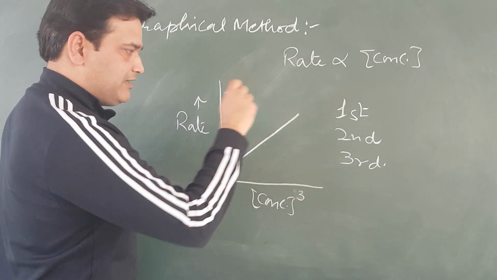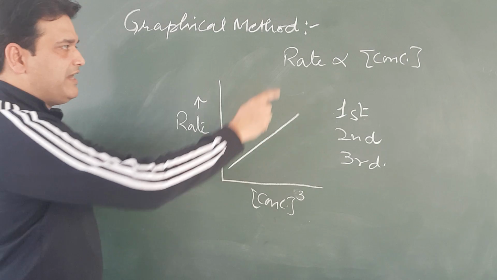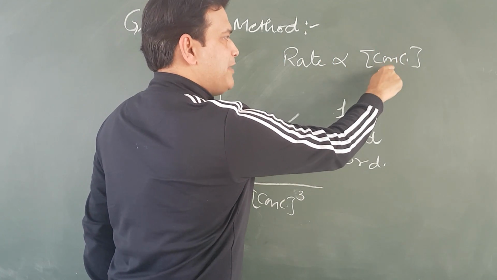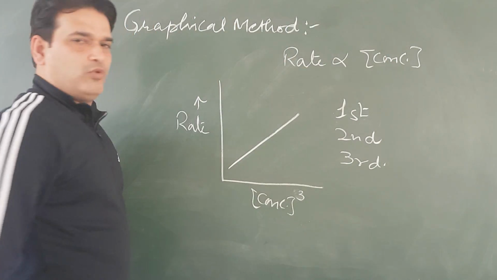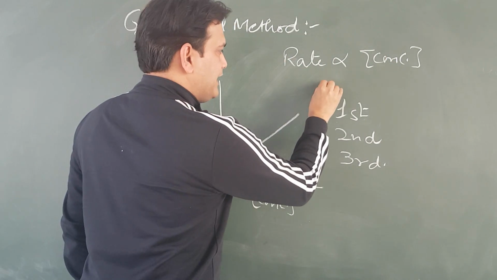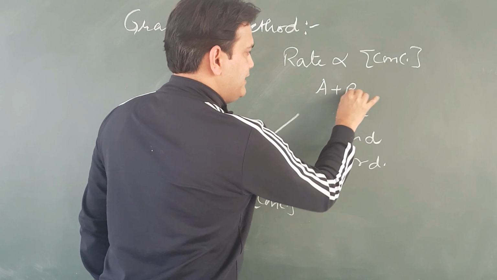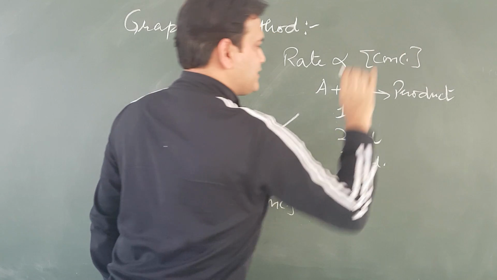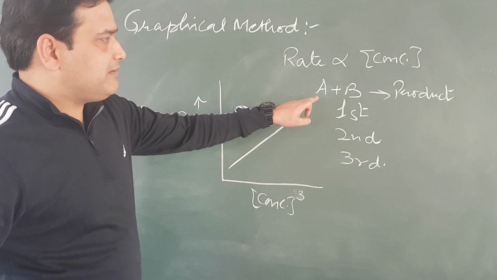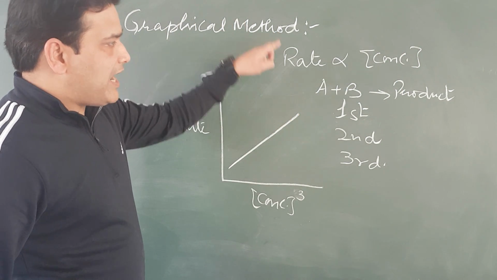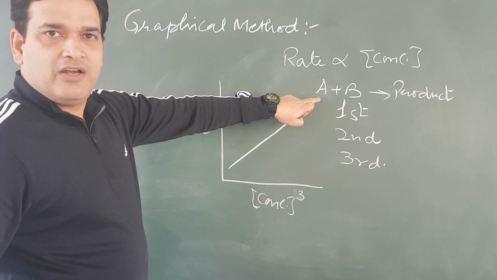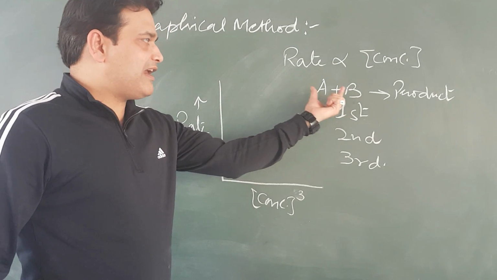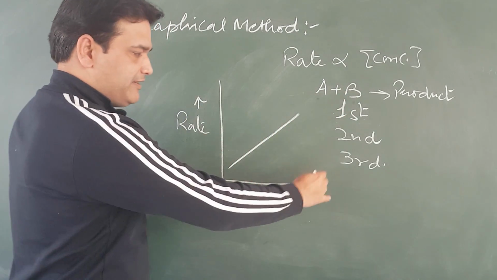But this graphical method is used when the rate of the reaction is to be studied with respect to one concentration term only. For example, if we have A plus B is equal to product, then the rate of reaction we can calculate either with respect to A or with respect to B. Both of them are not studied by this graphical method.